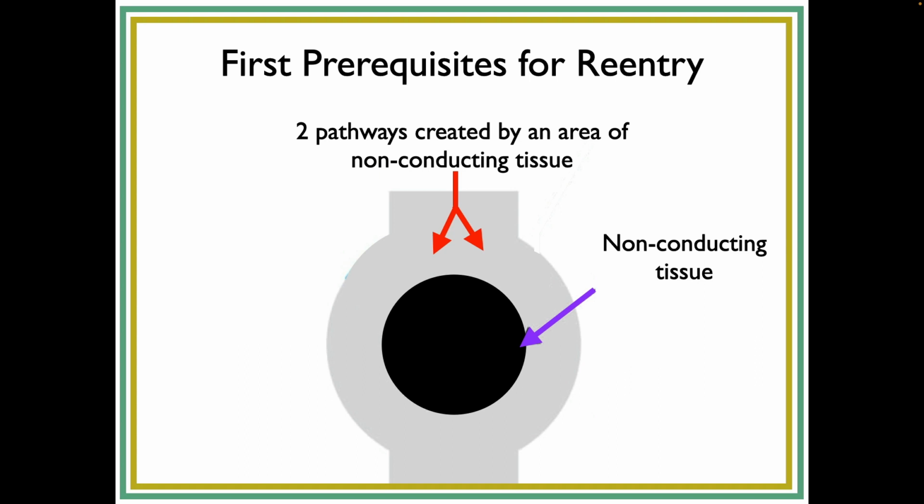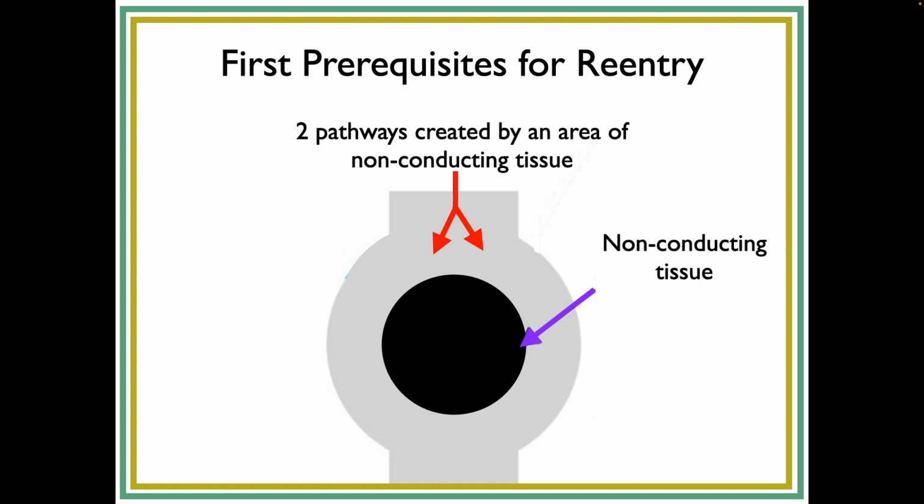Then they're going to have a little part of the heart that doesn't conduct. Or maybe right at the moment that person is so ischemic or so hyperkalemic that part of a little piece of the tissue is either not conducting at all or conducting so slowly it's as though it's not conducting. So for now, just go with me and know that sometimes in the heart there will be these islands of non-conducting tissue, okay?